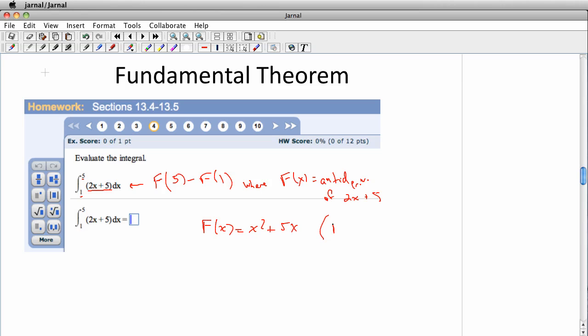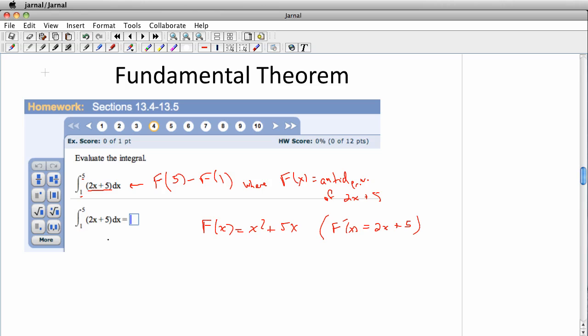It's checkable in the sense that I can just take the derivative of what I think the answer is. So I think the answer is x squared plus 5x. If I take the derivative of that, I get 2x plus 5, which is the integrand. So whenever I have an antiderivative answer, it's easy enough to check. So this will work as an antiderivative of 2x plus 5.